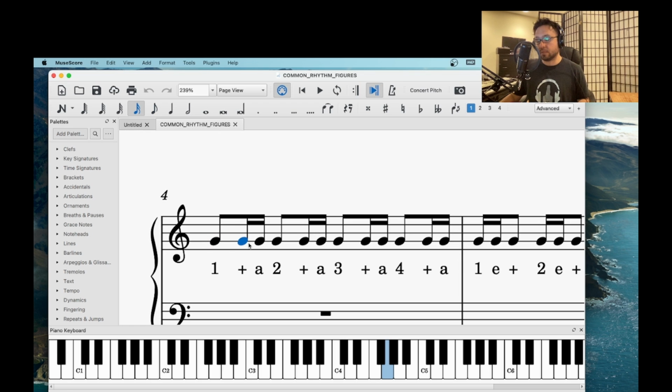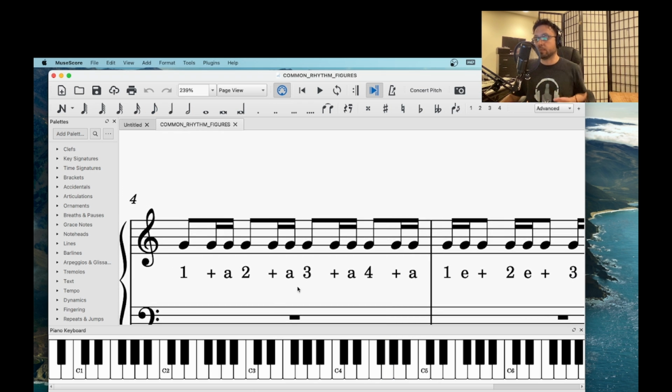Then the last two 16th notes, we're just going to leave there. So this is still one beat. And because we have 4 beats, we have this little pattern of subdivided beat 4 times. How does this sound? Well, this sounds like this. Counting 1 and a, 2 and a, 3 and a, 4 and a.